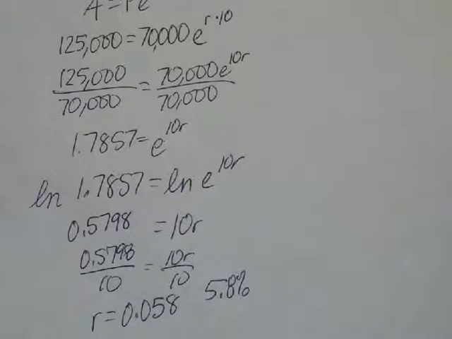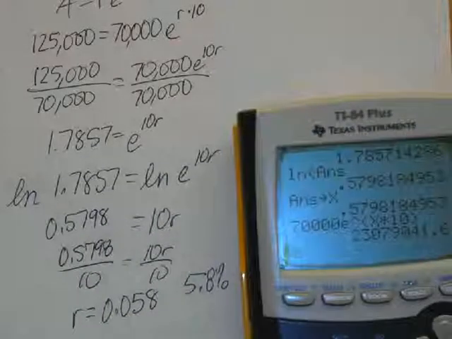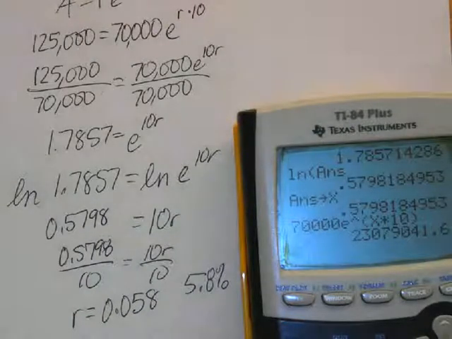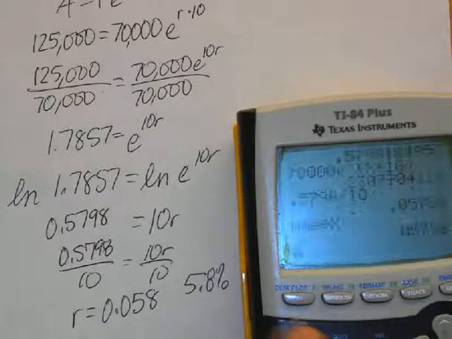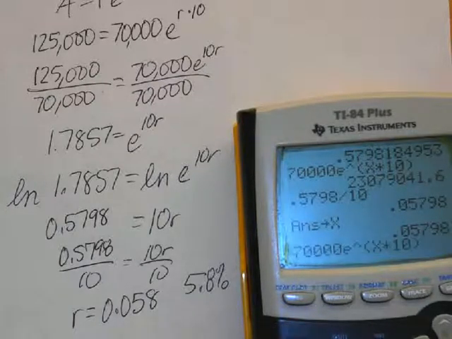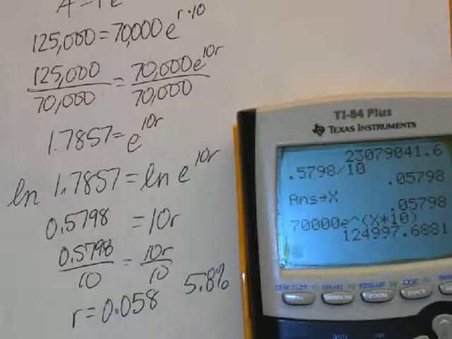Oh, I see what I did. Silly Mr. Purcell. He did divide it by 10 on the paper, but didn't do it in the calculator. So let's just retry that again. We'll store that into x. And we should get something really close. Yeah. So 5.8% is our answer.